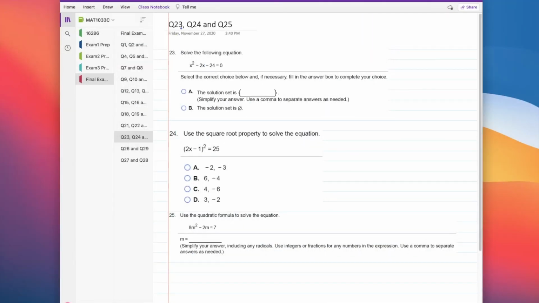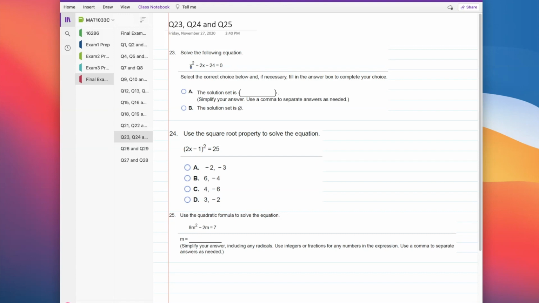Questions 23 forward are related to the last module, module 4, which is solving quadratic equations and graphing and problem solving involving quadratic equations. Question 23 asks you to solve this equation. On the left side of the equal sign you see a polynomial.